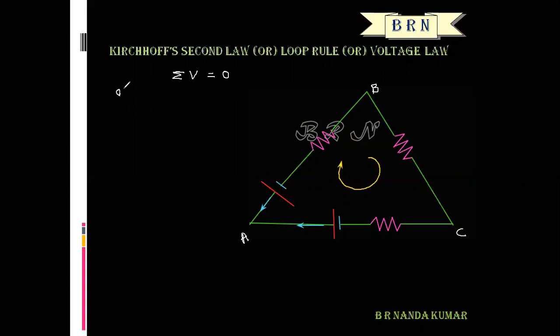One more statement is also there. In a mesh of an electrical network, the algebraic sum of the product of current and resistance in different parts of the mesh is exactly equal to the algebraic sum of EMF in that mesh. This is very, very important.